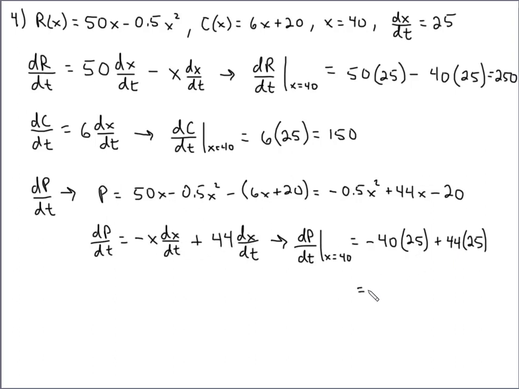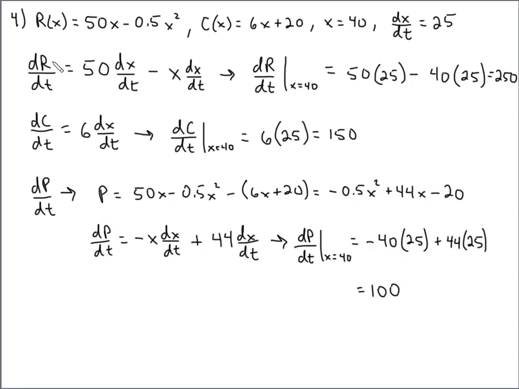Put this into the calculator, minus 40 times 25 plus 44 times 25, it's 100. So this is 100. And again, the units here would be dollars per year, dollars per day, depending on whatever the units are for the problem.